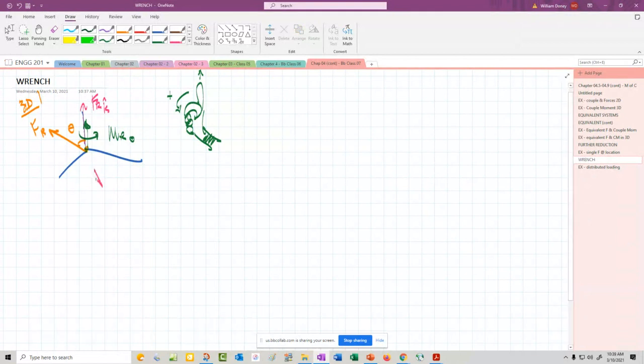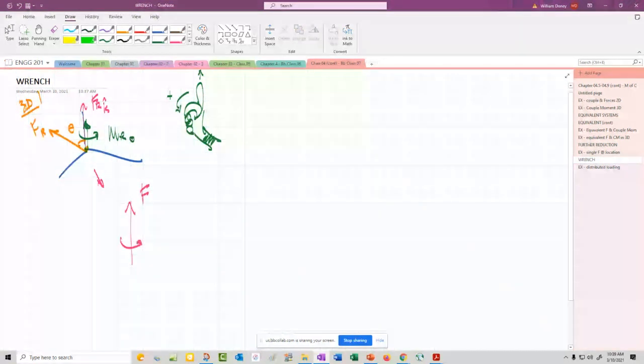If I have that situation where I have a force that is surrounded by a moment, that is referred to as a wrench. It's more like a screw. There's our screwdriver. And since it's spinning that way, that would be righty-tighty. And we'd be pushing that way at the same time.